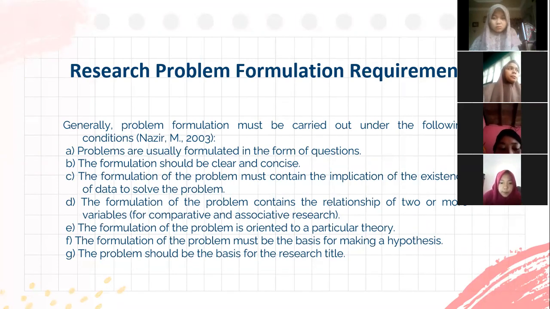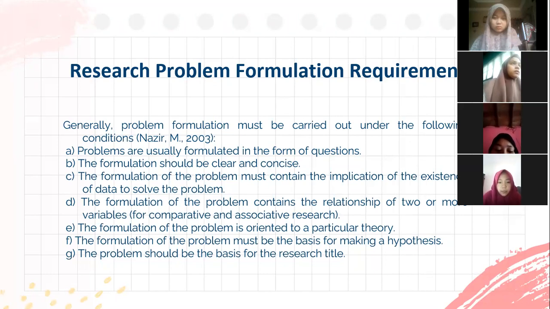First, problems are usually formulated in the form of a question. Second, the formulation should be clear and concise. Third, the formulation of the problem must contain the implication of the existence of data to solve the problem. Fourth, the problem formulation contains the relationship of two or more variables for comparative and associative research.